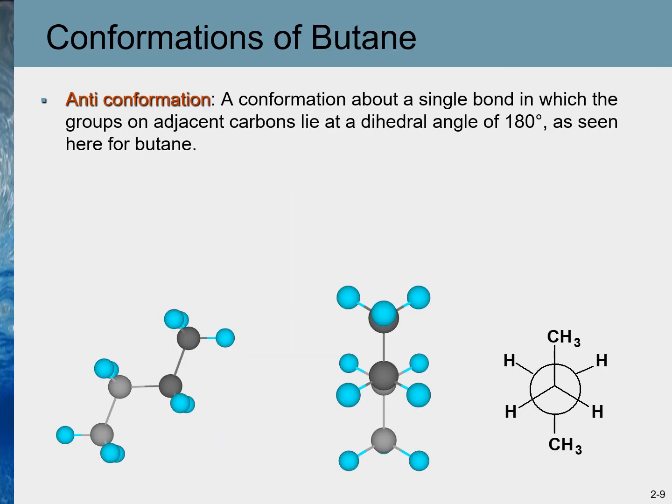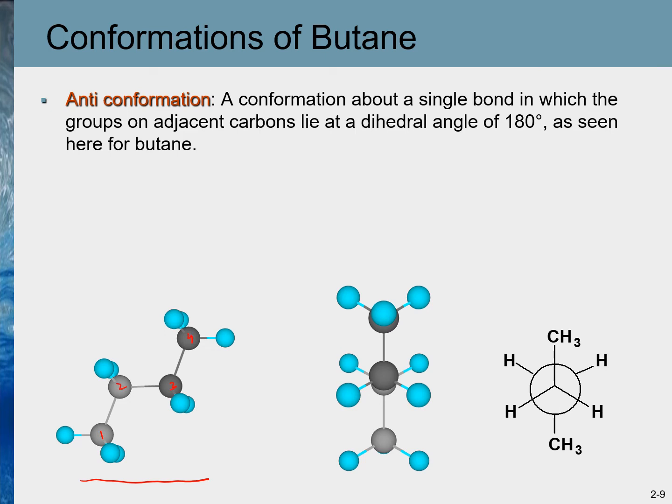Now let's take a look at conformation of butane. In case of butane, we visualize through the carbon-carbon bond passing through carbon number 2 and carbon number 3. Let's pay attention to the ball and stick model of butane shown here. So this is carbon number 1, 2, 3, and 4.